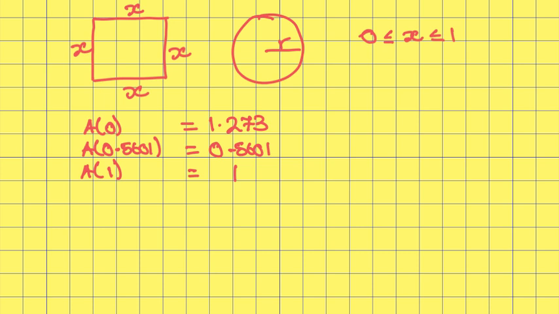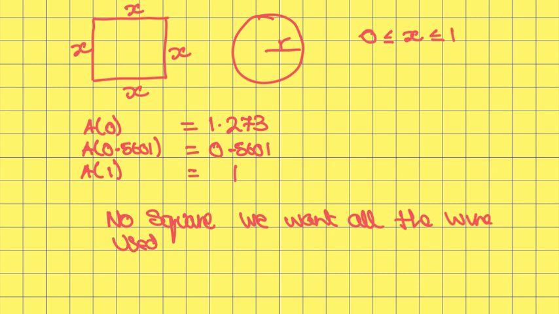So therefore we want no square. We want all the wire used on the circle.